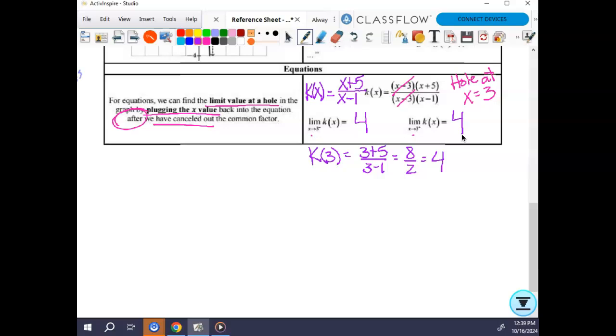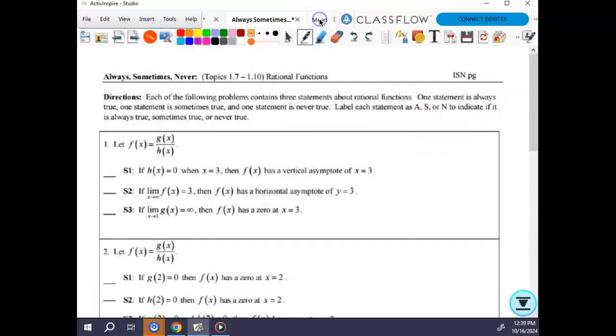For each question, there are 3 statements. So we're going to start with number 1, and you are going to look at that. You know that a rational function is just a ratio of 2 polynomial functions.